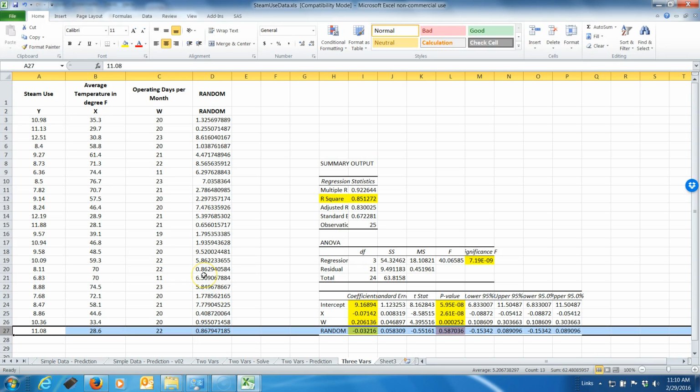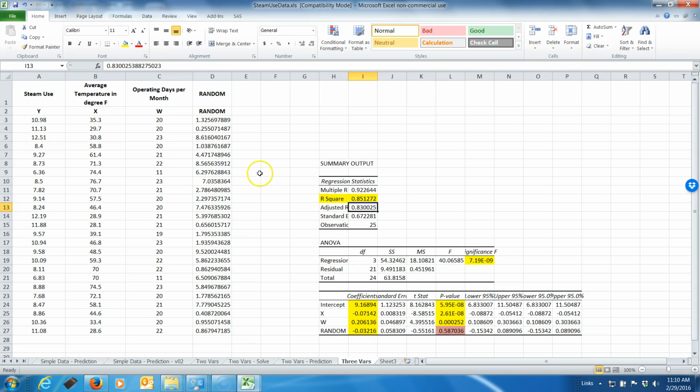You have to have domain expertise. If you happen to know something about steam plants and you know that random numbers don't predict how much steam you're going to use, then you should probably not put it in. Even if you get a better r-squared, you have to rely on your common sense and your professional judgment. So that is the end of looking at multivariate regression.